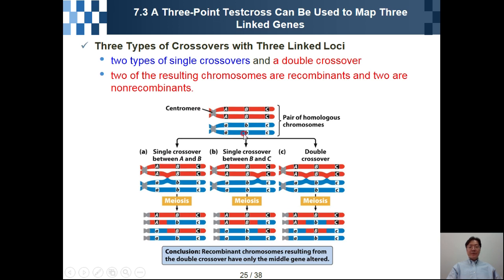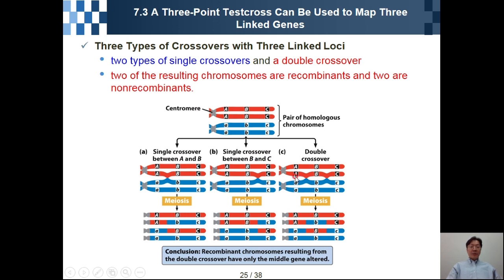Usually in this case, between A and B only a single crossover can happen, or between B and C another single crossover can happen.